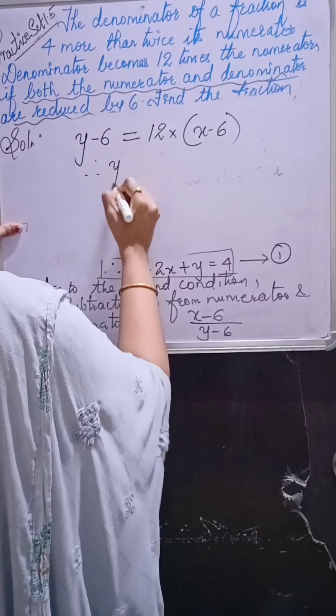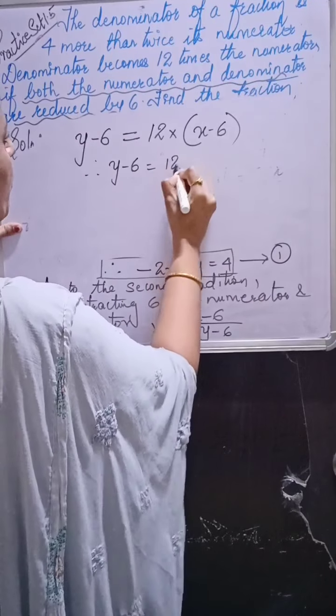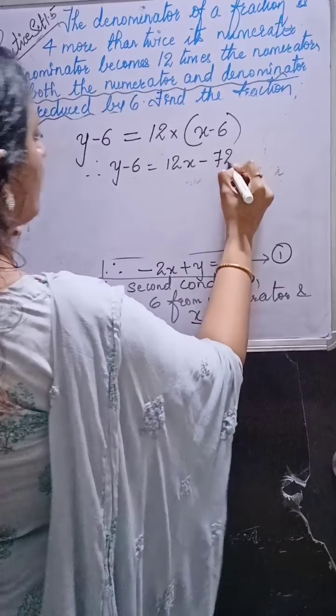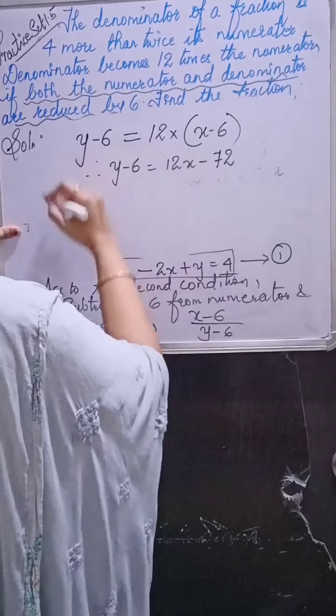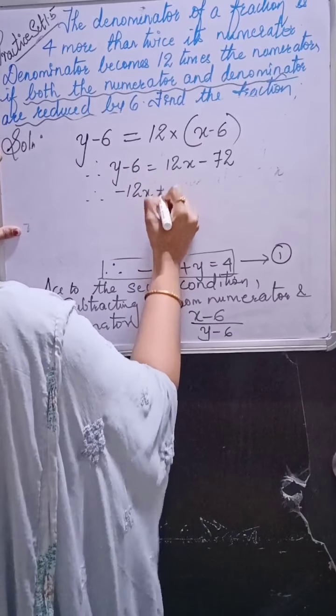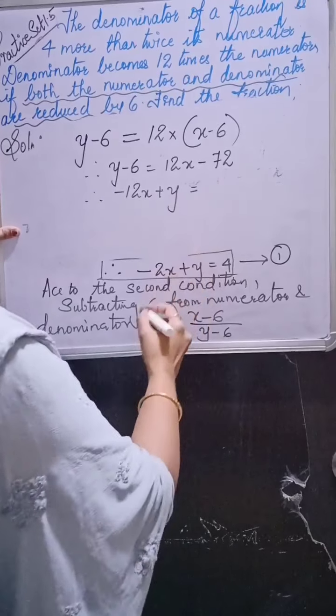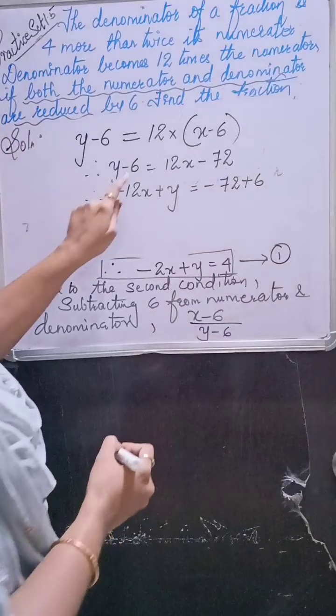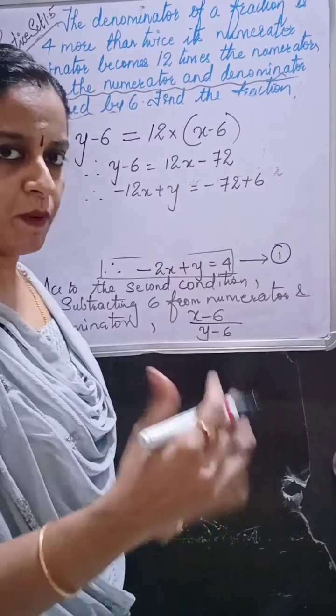Therefore y minus 6 is equal to 12x minus 12 times 6, that is 72. Bring this 12x to the other side. So this will be minus 12x plus y is equal to minus 72 plus 6. Minus 6 goes to the other side as plus 6.